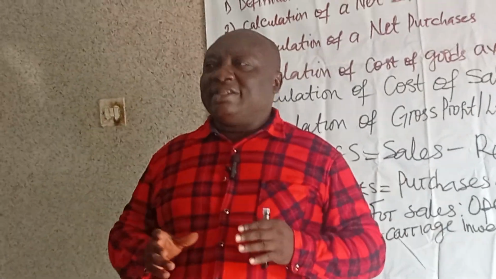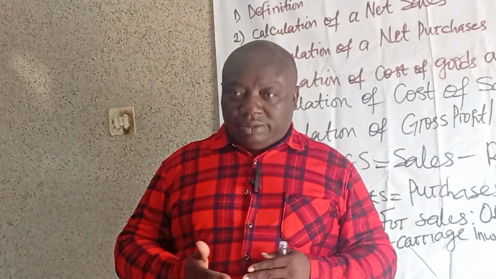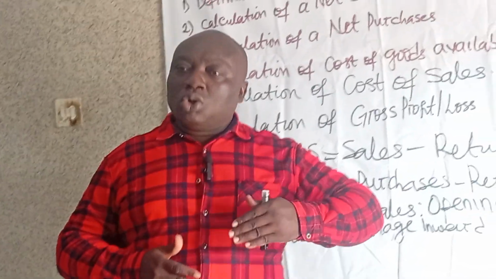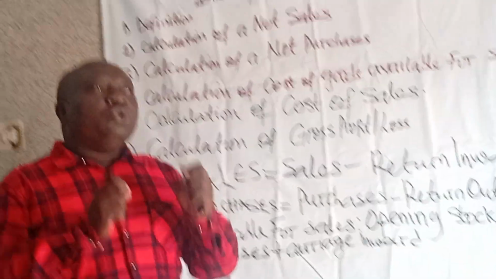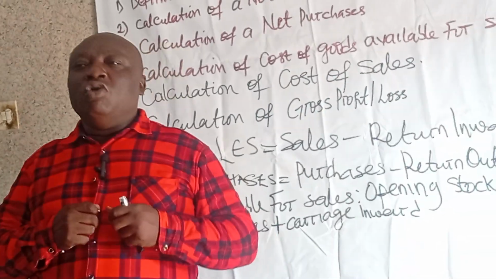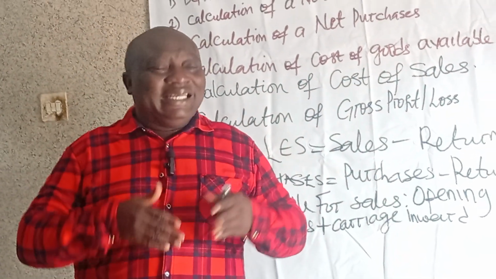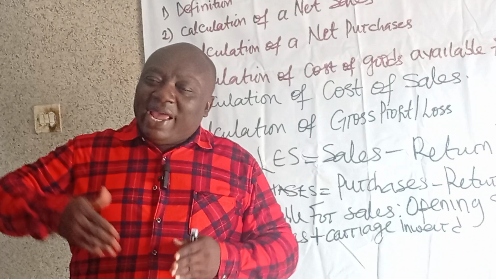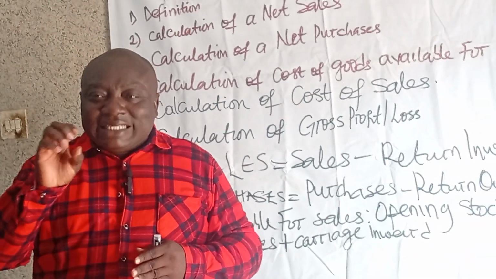As an organization, you are into trading. You go to the north and buy some farming products. Now, you need money to move. You spend some money to move those goods after you have purchased them down to wherever your warehouse or your store is.